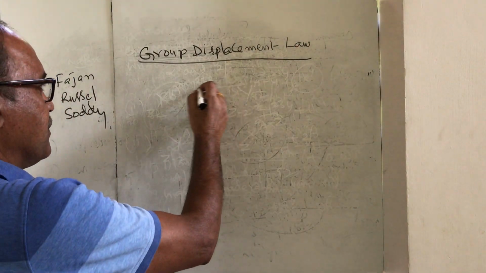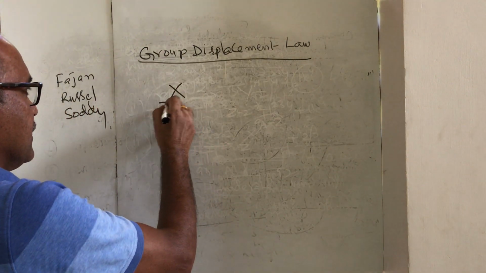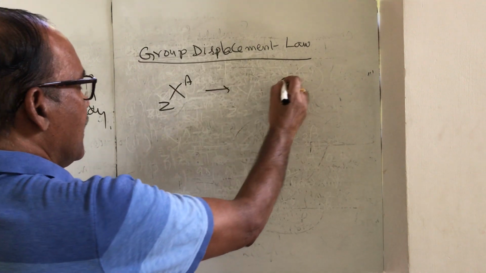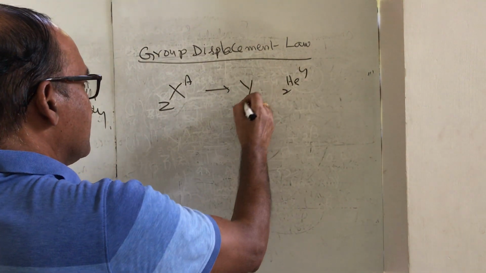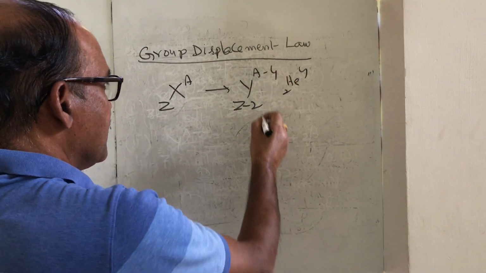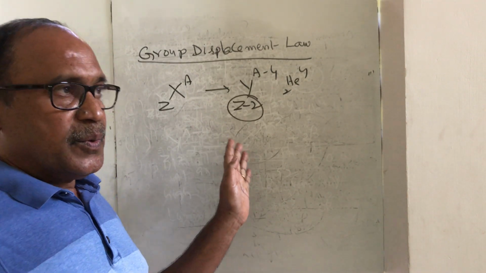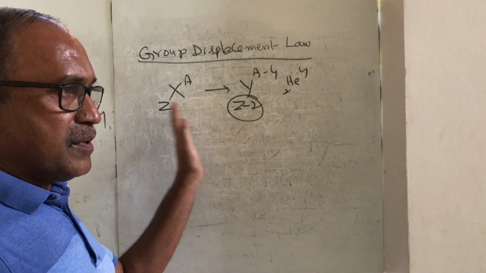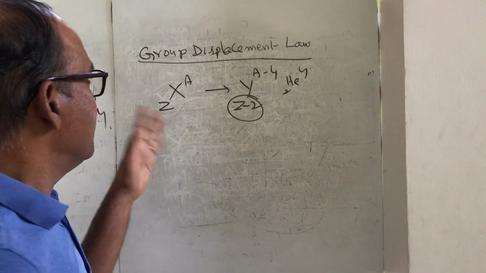When an alpha particle is emitted, as we have seen with X, Z, A, the daughter nucleus position in the periodic table is displaced by 2 units. So its position is displaced to the left-hand side by 2 groups.